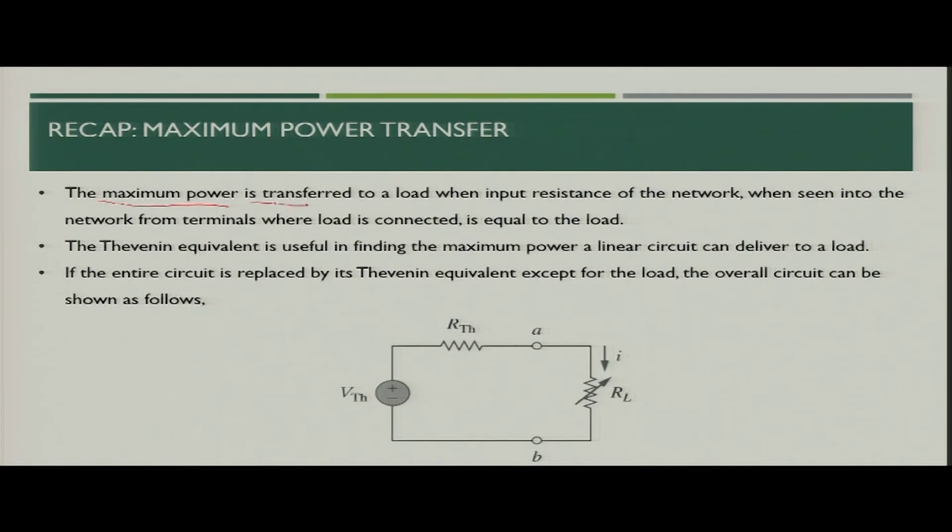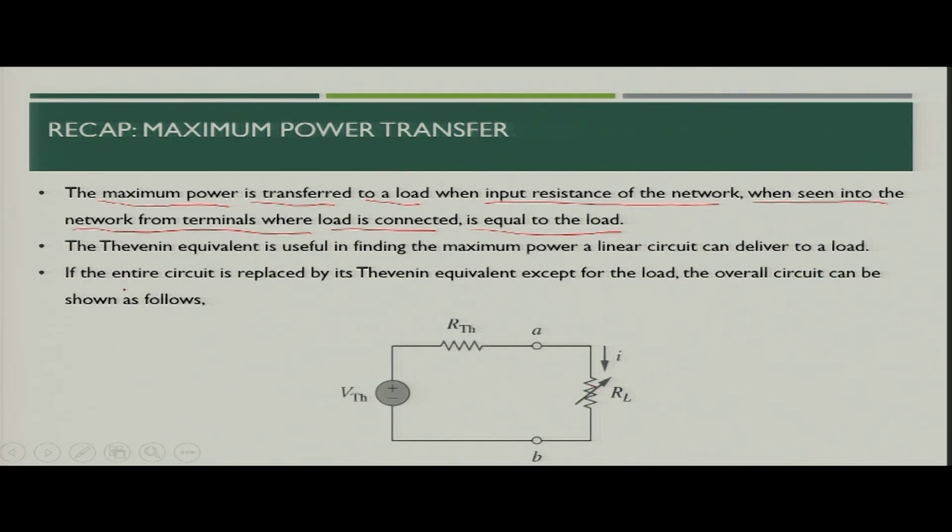We said that the maximum power is transferred to a load when the input resistance of the network, seen into the network from the terminal where the load is connected, is equal to the load.